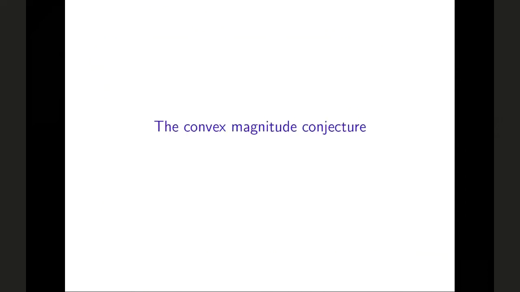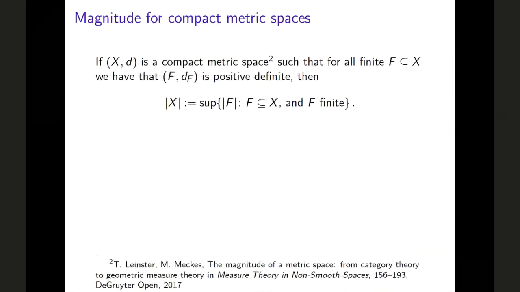Okay, so if you consider compact metric spaces with the property that all finite subspaces have magnitude. So if you remember, this means that the matrix is positive definite, and in particular we have the result that the magnitude is well defined.